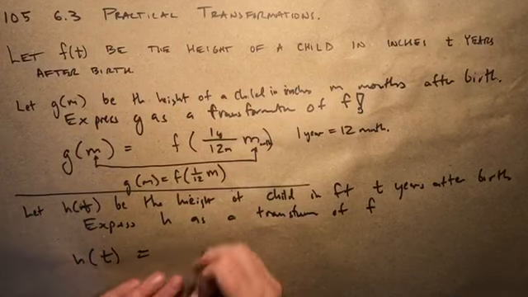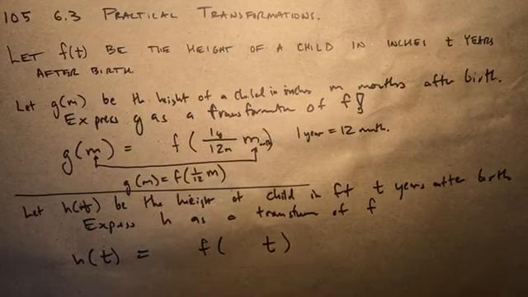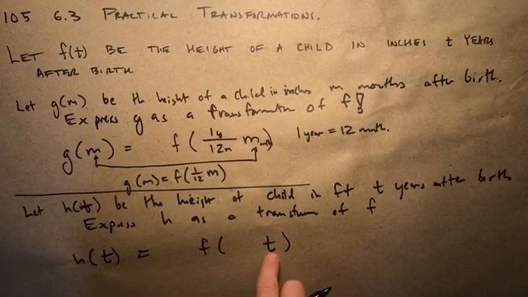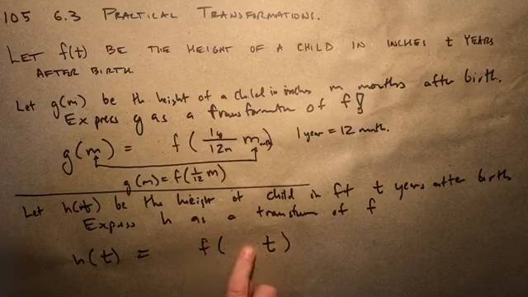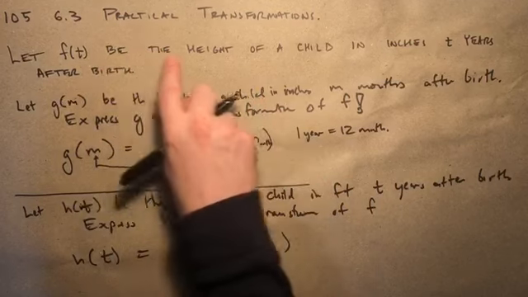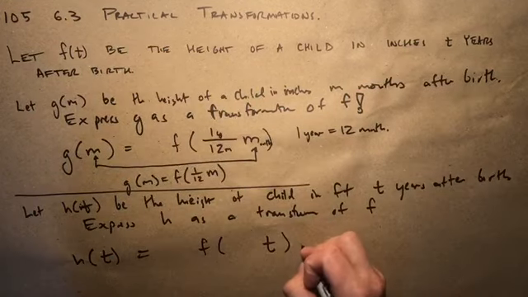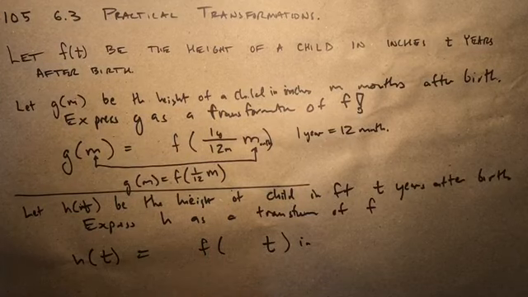We're going to have some function of f with t inside. Now, mind you, this t is in years, this t is in years, and so I don't have to do anything on the inside of my parent function, do I? But what I have to think about is that the height of this child in f is in inches, and I want the output here to be in feet.